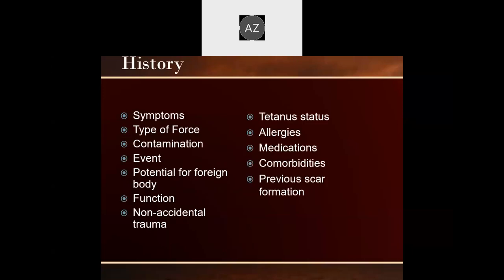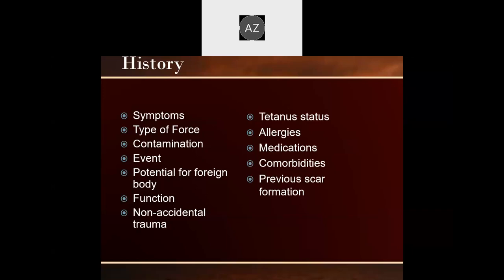The patient will tell you the symptoms, how he or she is feeling, the types of forces that were applied, the contamination, and the events that took place. He'll tell you whether they have allergies, medications they are taking, whether they have comorbidities, some diseases such as hypertension and diabetes mellitus that are going to impair wound healing, as we're going to see.